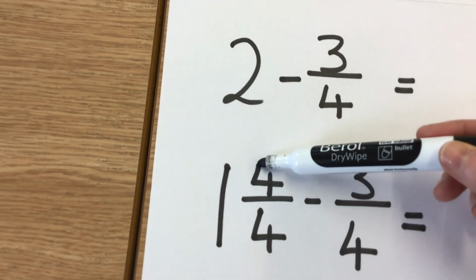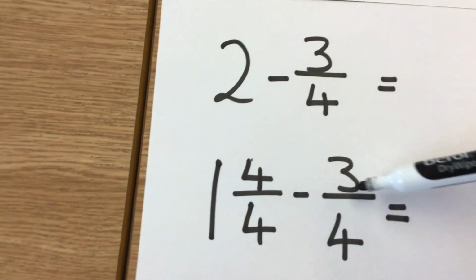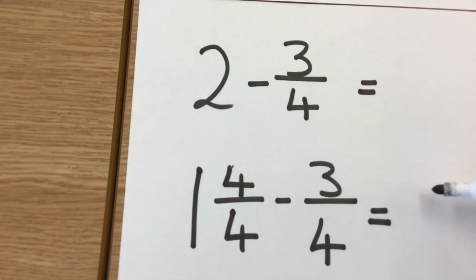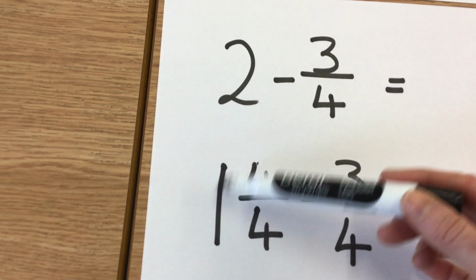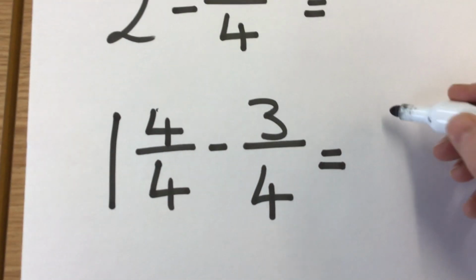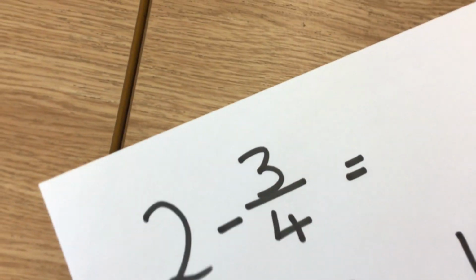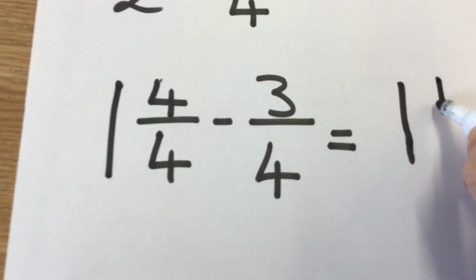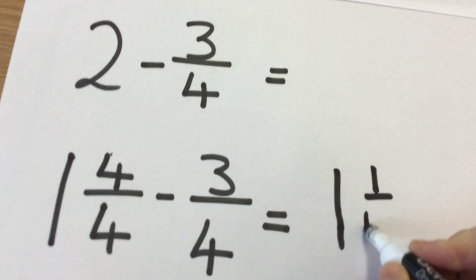And then I can see 4 take 3, I can do it across the top there. 4 quarters take 3/4 is going to give me 1/4, and then I've got my whole which is not affected, so it's going to be 1 whole still and 1/4.